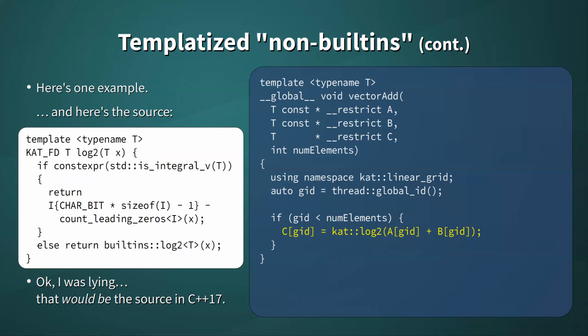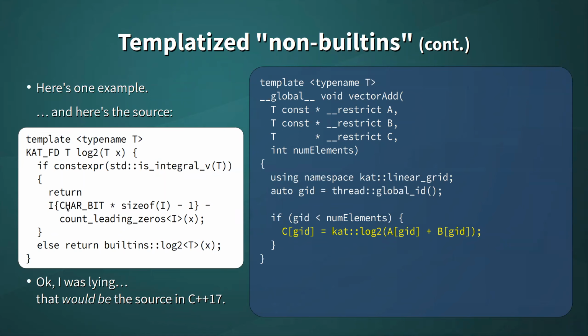In that case, what we're doing here is counting the number of leading zeros in its binary representation, and we actually subtract that from the maximum number of zeros, and what we get happens to be equal to the log2 of this integral value.